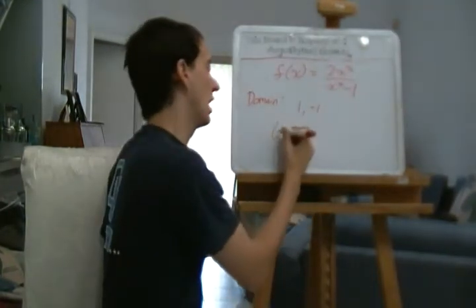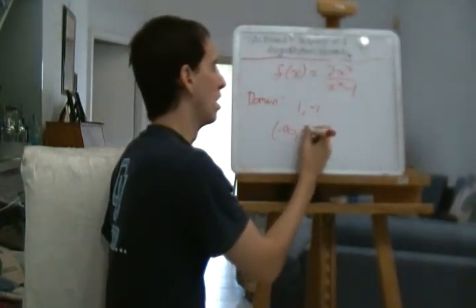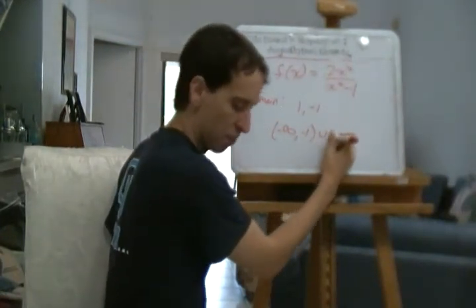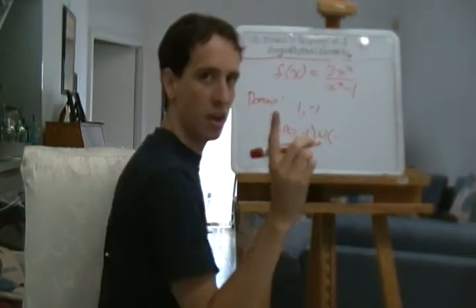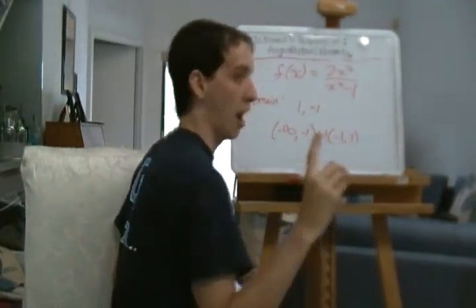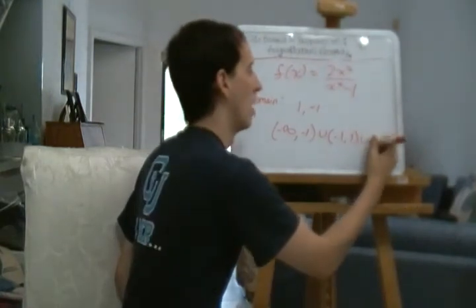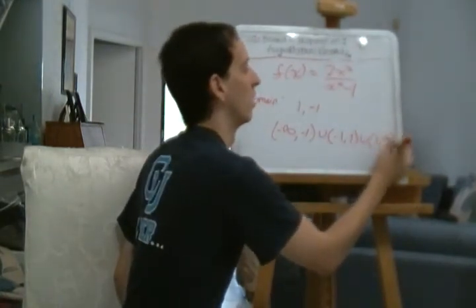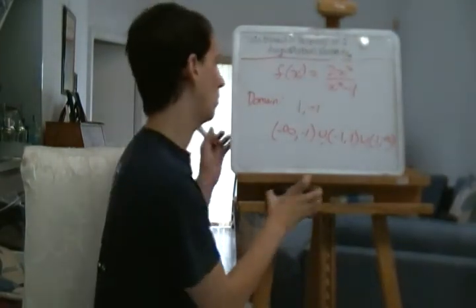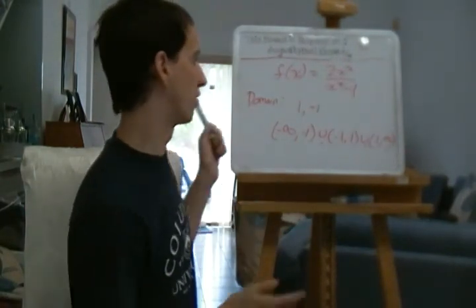So we say the domain is from -infinity to -1, and then not -1 itself, between -1 and 1, not including 1 itself, and from 1 to infinity, using that little u to connect them. That's the domain of this function.